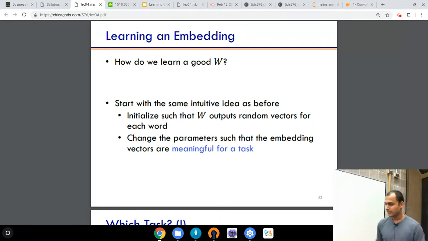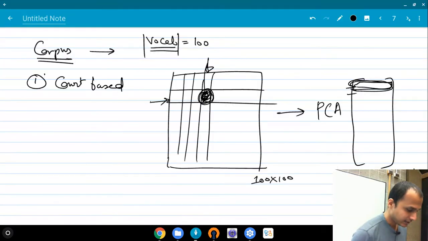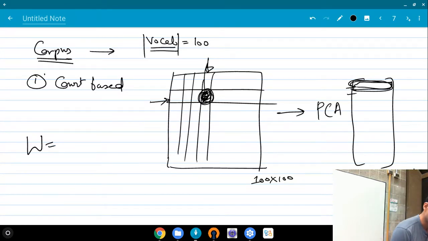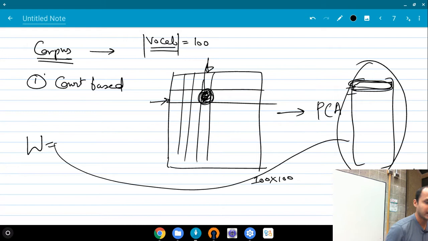Now the question is, how do we learn this embedding? I'm using the representation W, but just think of it as learning this matrix over here. If I know this, then it's a dictionary lookup. Given the word, I just look at that word's corresponding row and output that vector. So that embedding is nothing but a matrix, a collection of these row vectors, where each vector is a vector representation of a word.